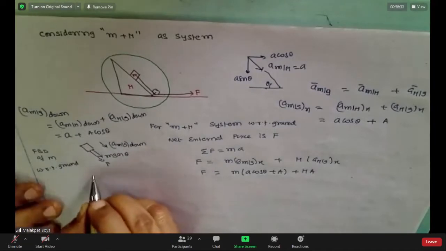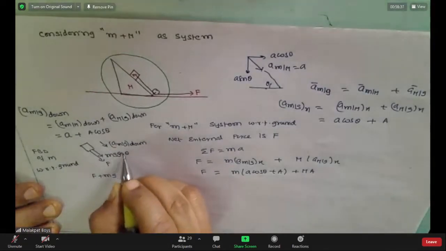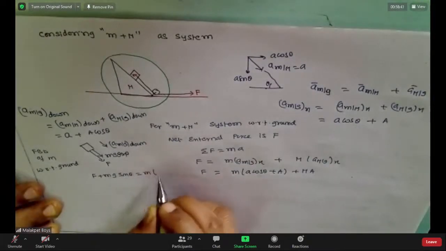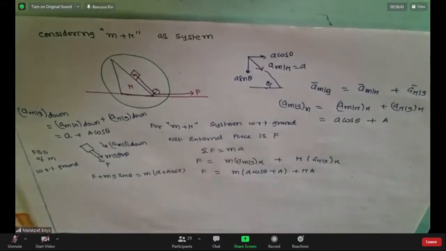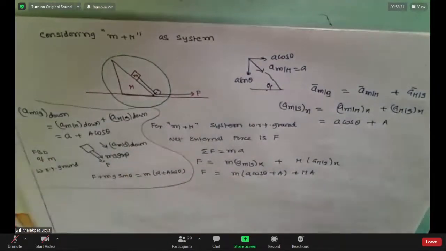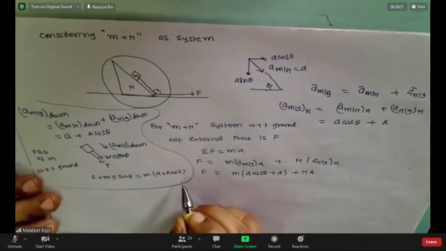So what you have here, understood this? Clear or not? Yes, sir. So now you can see that from these equations, how many unknowns are there?